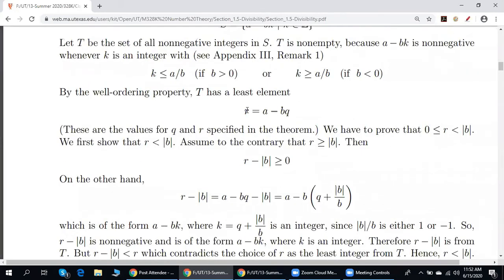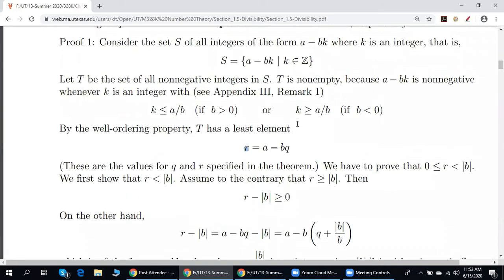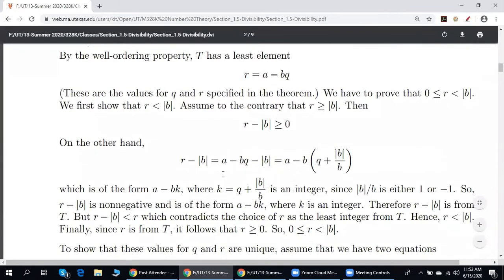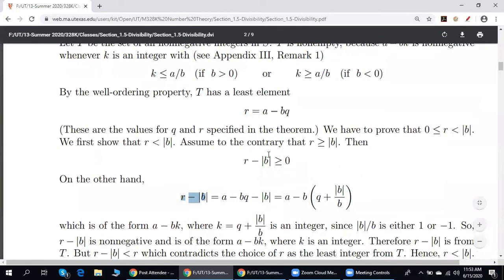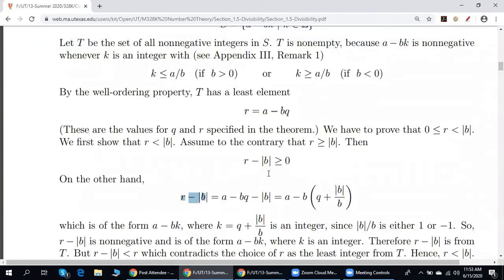We just said that R is the smallest element from T. But it turns out that R minus absolute value of B is again from T and smaller than R. Since we get a contradiction, this is impossible. Therefore, R is strictly lesser than absolute value of B.